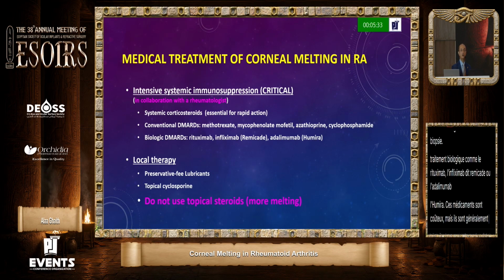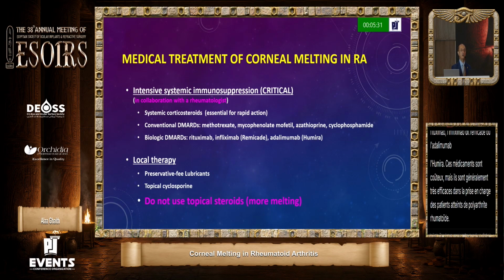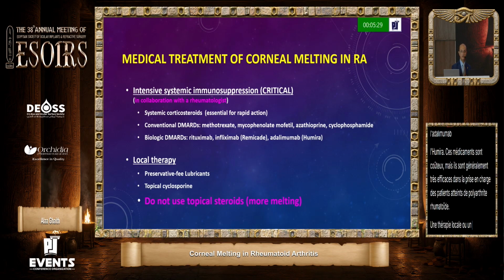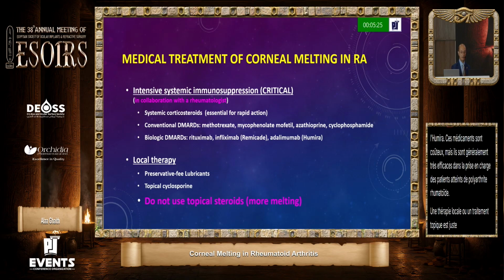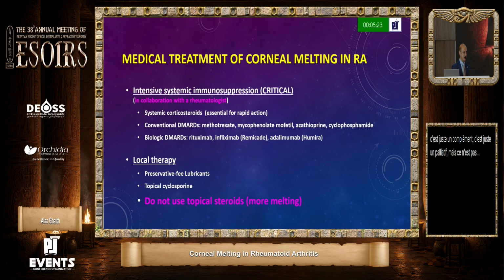Local therapy or topical treatment is just adjunctive, it's just palliative, but it is not the treatment. We give preservative-free lubricants, topical cyclosporine, and also, I just missed writing that we give topical antibiotic as a prophylactic measure.